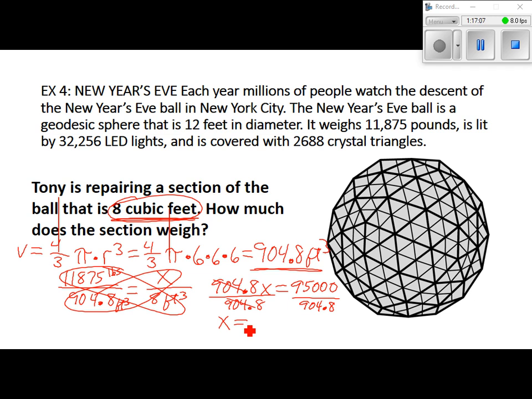So I already got the 95,000 in my calculator, so I just hit divided by 904.8, and I get 104.9, it's about 105. And that's going to be in pounds, about 105 pounds. And it's in pounds because that's what we were looking for up here. If this top one here was in pounds, then that X that we were looking for has to be in pounds.